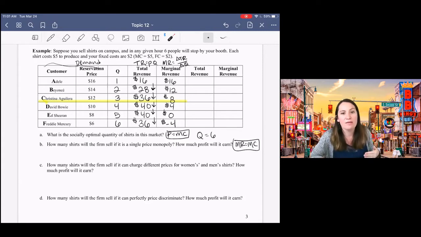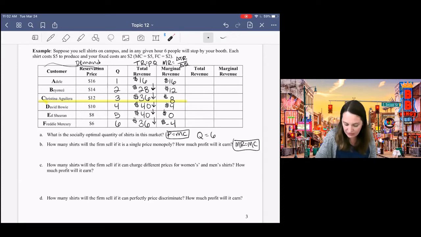So we're losing $6 by lowering the price from 12 to 10. We gain the extra $10 in revenue from selling to David Bowie, but we lose $6 in revenue selling to Adele and Beyonce and Christina. So that's why you've got a marginal revenue here of only $4.